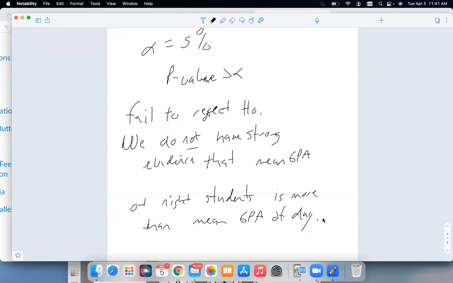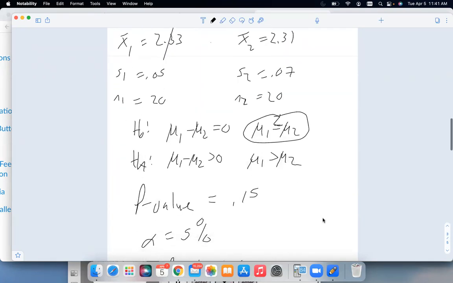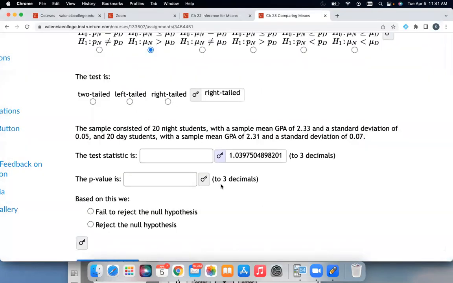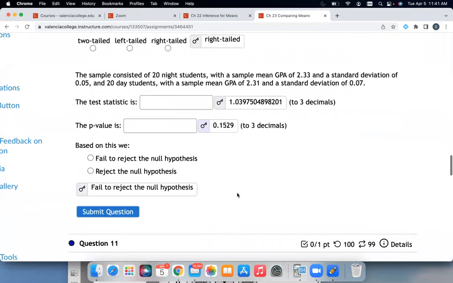Okay. Everything you see me writing would be required on any kind of written assignment, and then answer any follow-up questions. So here we failed to reject the null. There's our p-value.